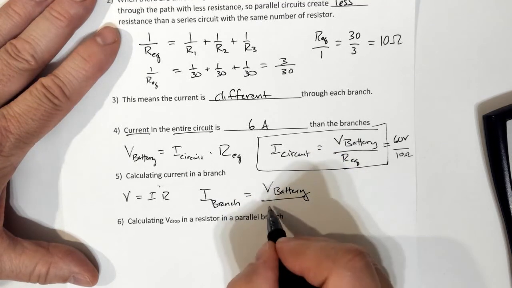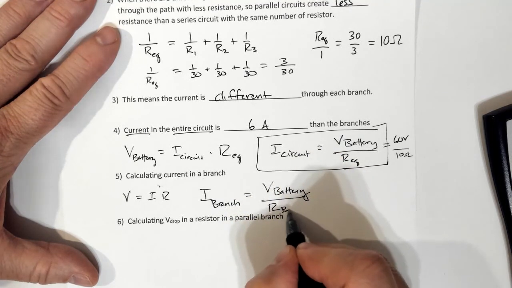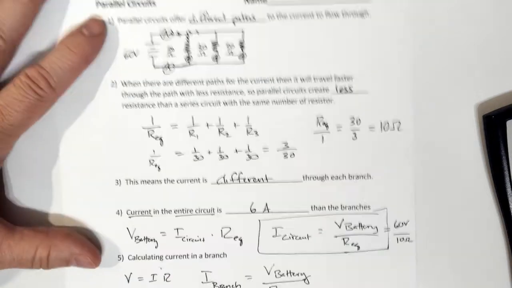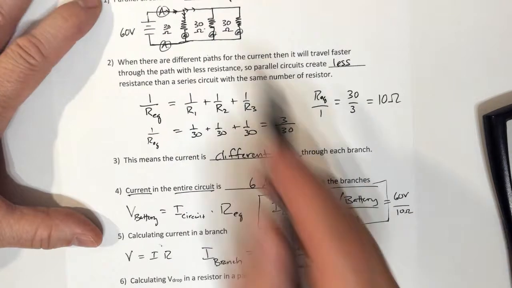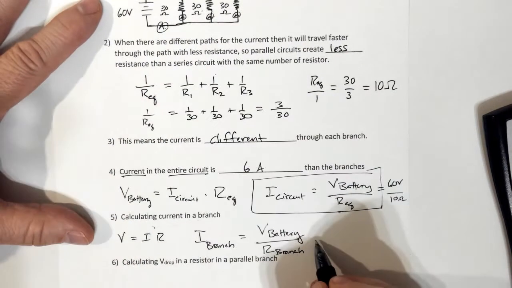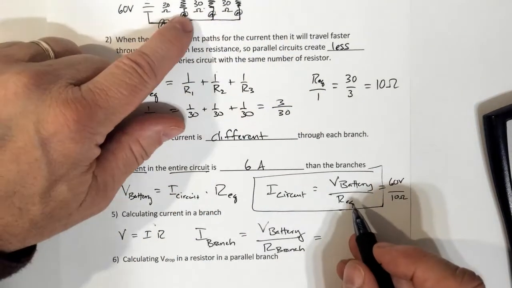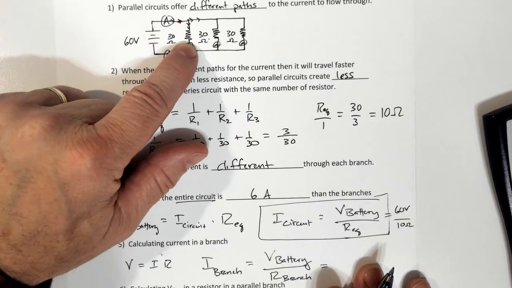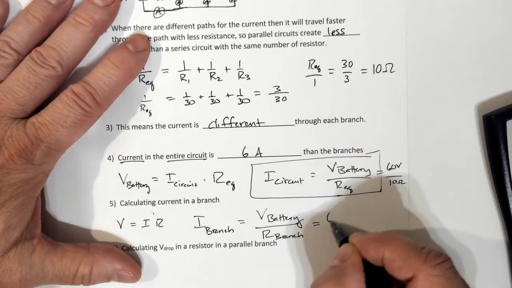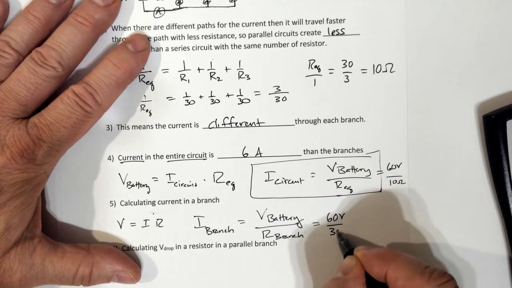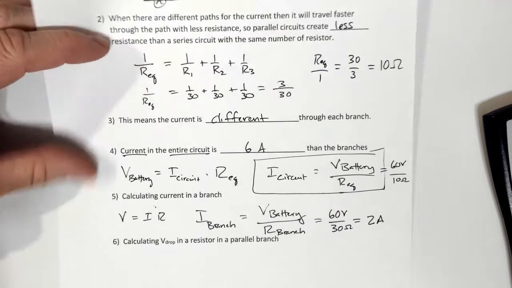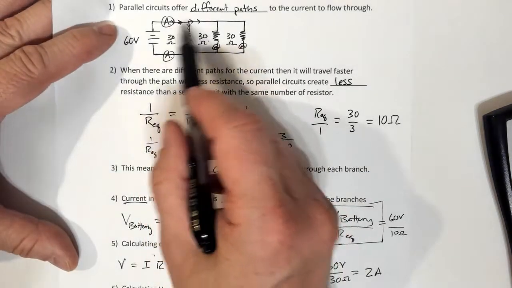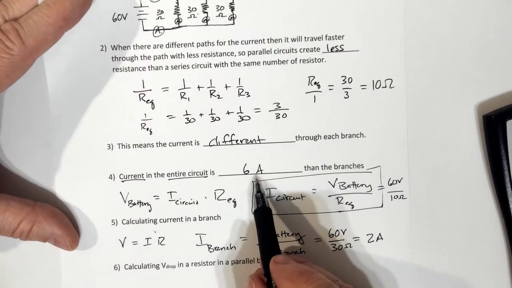But now we're going to put R in the branch that you're in. So if they're different numbers, you're going to get different answers for each branch. But in this case, I decided to use the same number. So the current in this branch right here will be 60 volts divided by 30 ohms, which is going to be 2 amps. But the current in the overall circuit is 6 amps.